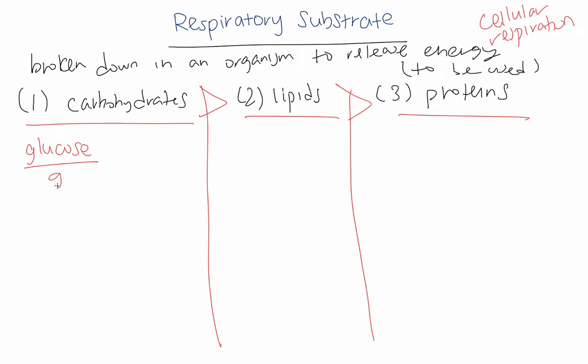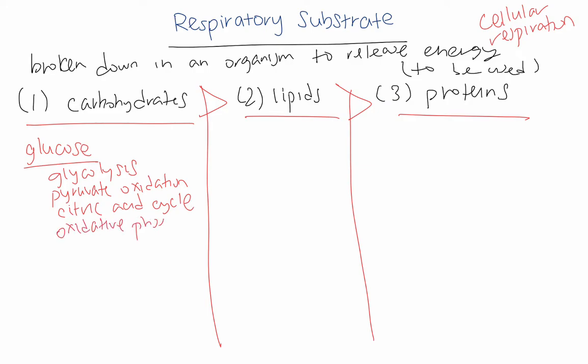So it goes through glycolysis, then pyruvate oxidation, the citric acid cycle, and finally oxidative phosphorylation. So it goes through all 4 steps of cellular respiration.